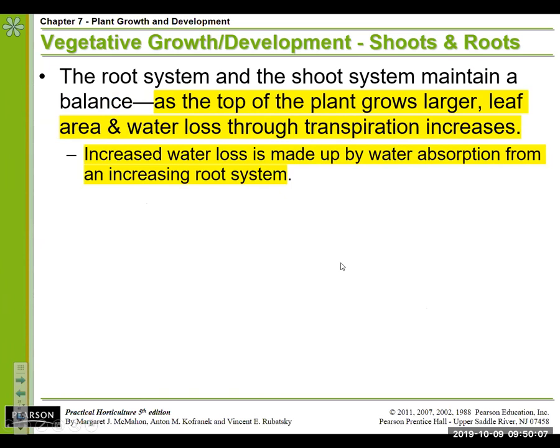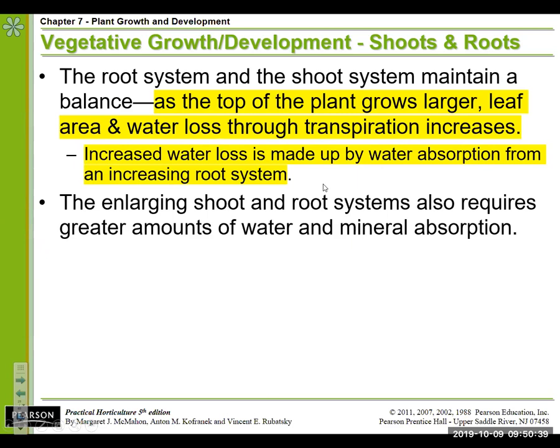So the root system and the shoot system are both kind of maintaining this balance where the top of the plant is growing larger, the leaf area and the subsequent water loss throughout the leaves through transpiration begins to increase. And that increase in water loss is trying to balance, trying to have some equilibrium with absorbing water from the increasing root system.